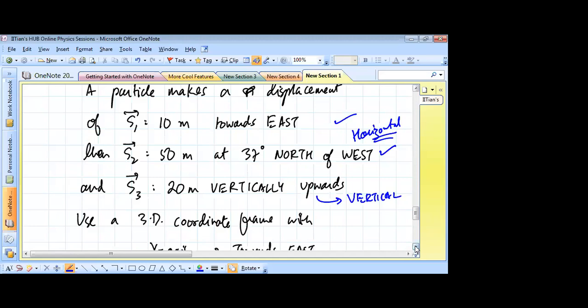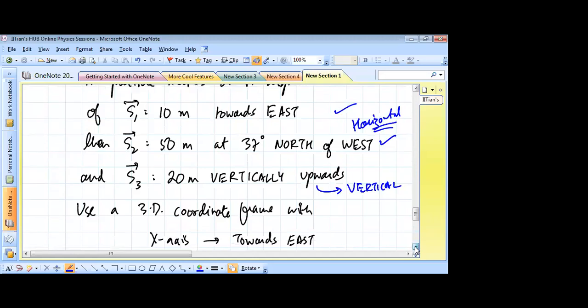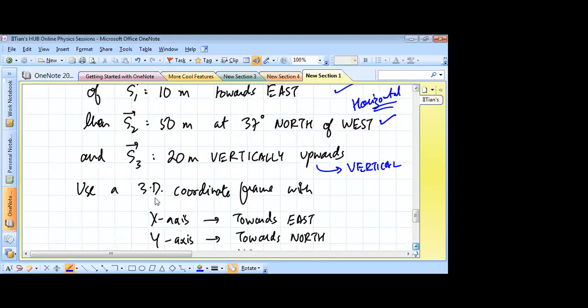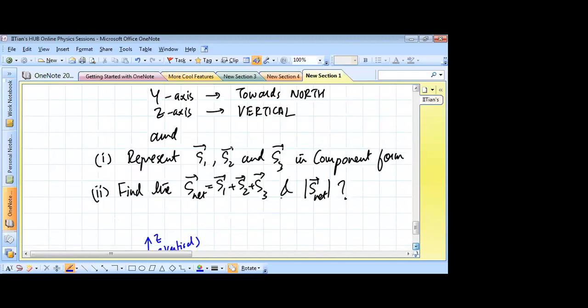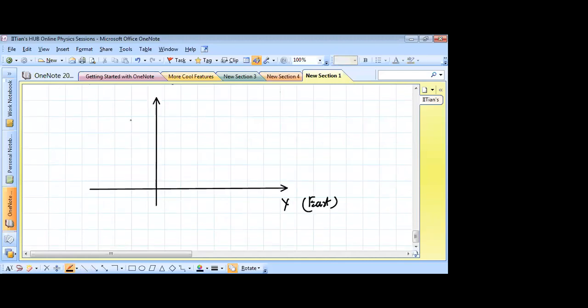So suppose we are looking straight into our XY plane, which is a horizontal plane. In this, we can see that S1 is the displacement towards the east and of 10 meters.